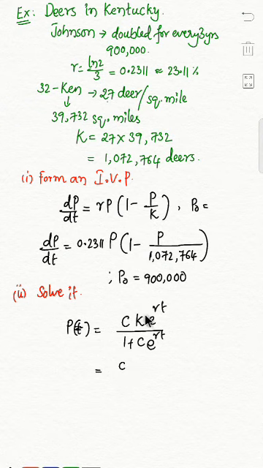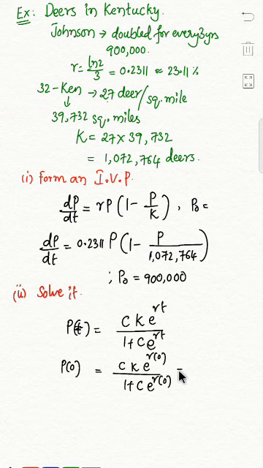Let's find out what is the p naught here. ck e to the power of r into 0 by 1 plus c into e to the power of r into 0, ck. E power 0 is nothing but 1, so 1 by c. K is a known figure here, so that p naught is also known, that is 900,000.